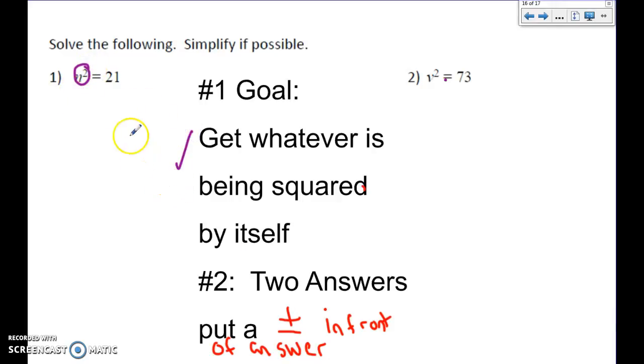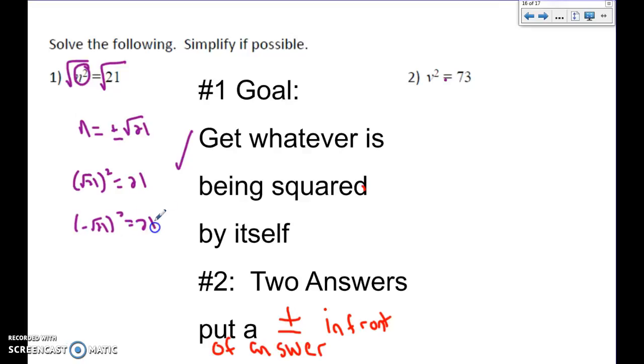Step 2 is to get rid of the square, so I'm going to square root both sides. And I get n equals the square root of 21. Well, there's two things that can get me there: plus or minus the square root of 21. If I were to square the square root of 21, I would get 21. And if I were to square the negative square root of 21, I would get 21 too. So that checks out.